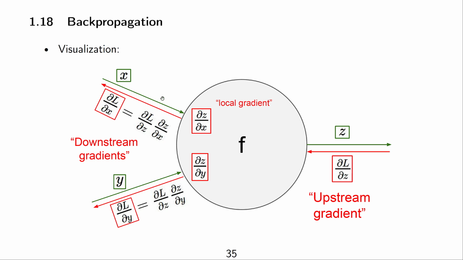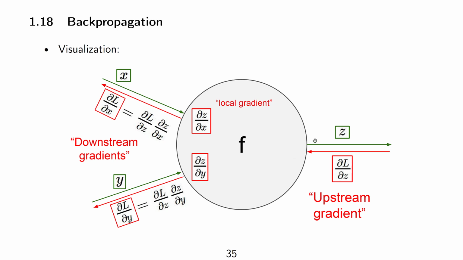So the data in the forward path travels along the green arrows, so this scalar x would travel along the green arrow. It comes from some node that's maybe further to the left, and it will be an input to f, and y also travels along this green arrow, and it's also another input to f.